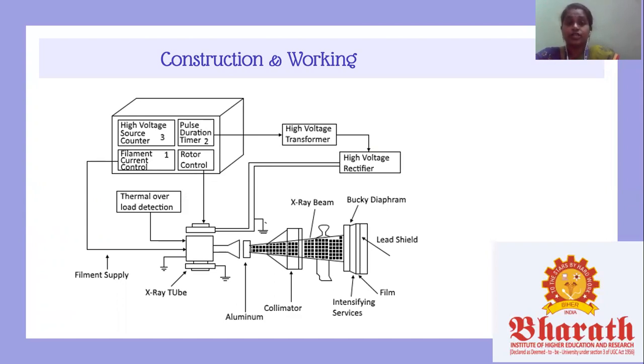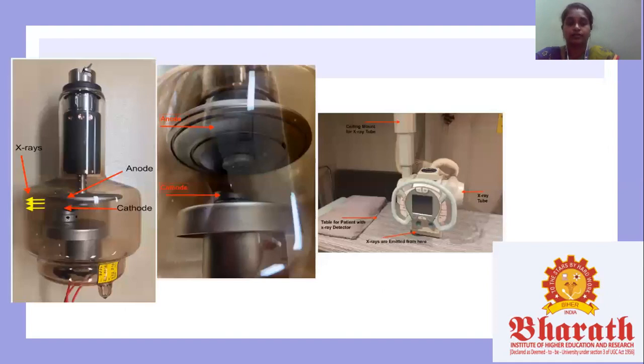The voltage differential results in an electron crossing the gap and impacting the metallic anode. The electron slows down, and what happens? It liberates energy as heat and X-rays. The majority of the energy is liberated as heat, and this type of interaction that results in X-ray generation is called braking of electrons, that is the Bremsstrahlung effect.